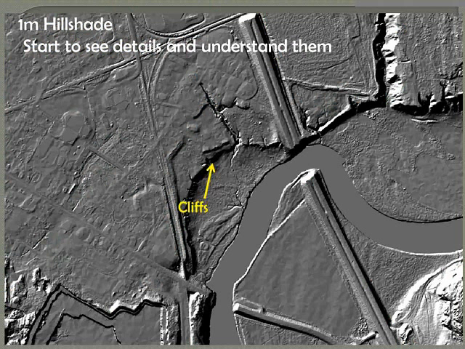The default is the sun azimuth from the northwest, and a sun angle maybe at 45 degrees. That's what we see here. But you can vary that as you need to in order to get shading in a different way for features that perhaps are in full shadow that you can't see otherwise.